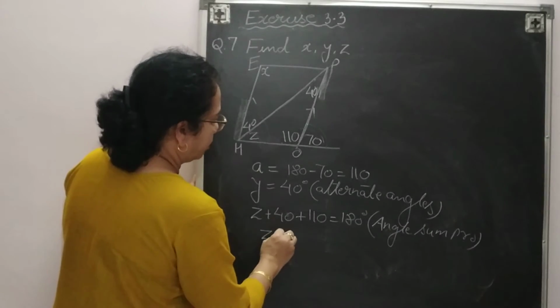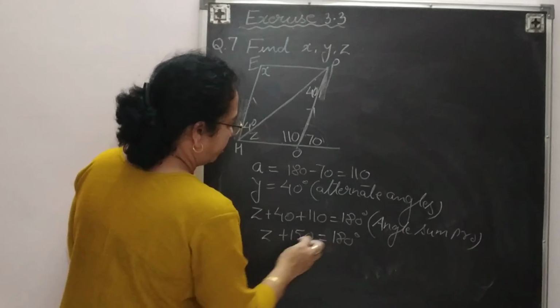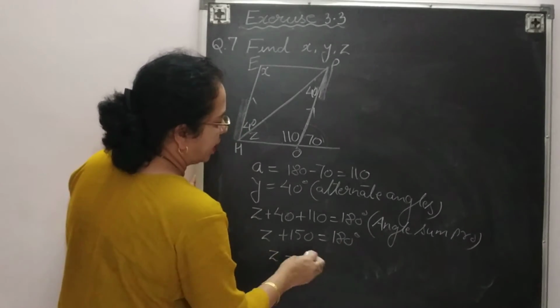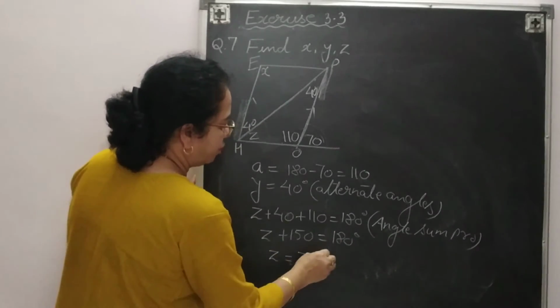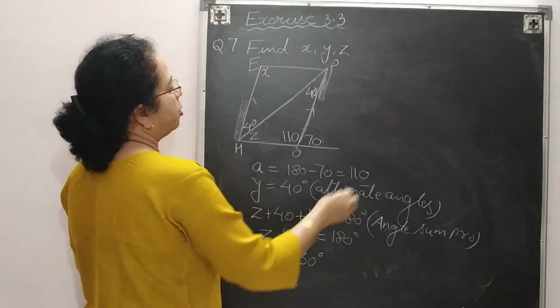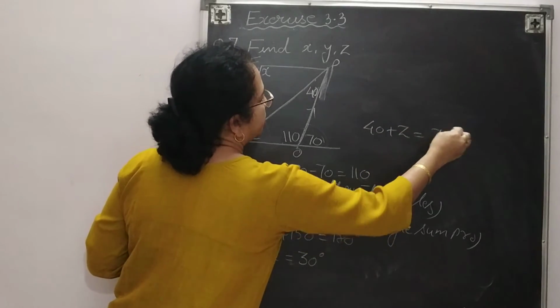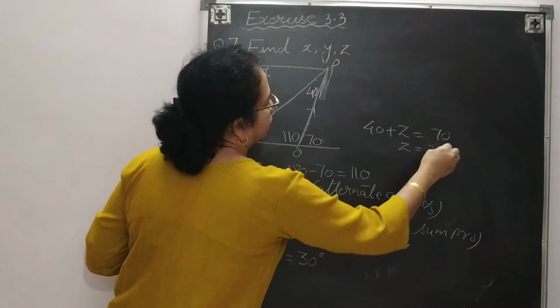So z plus 150 is equal to 180 degree and z is equal to 180 minus 150 will give you 30 degree. If you want to use here corresponding angles, so 40 plus z is equal to 70 degree. So z is equal to 30 degree.